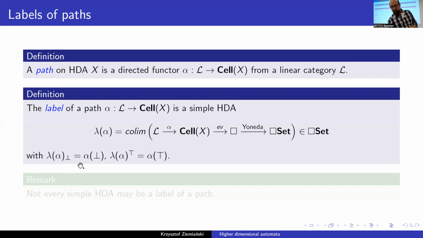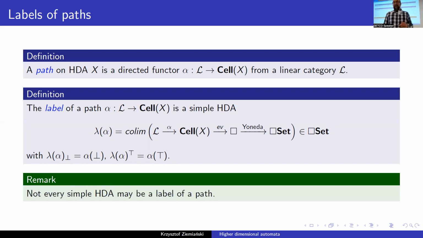You say what is the first element of your precubical set and what's the last element of your precubical set. It gives you a simple HDA. And well, there is a very limited number of HDAs which could be obtained this way. So defining a label makes sense.